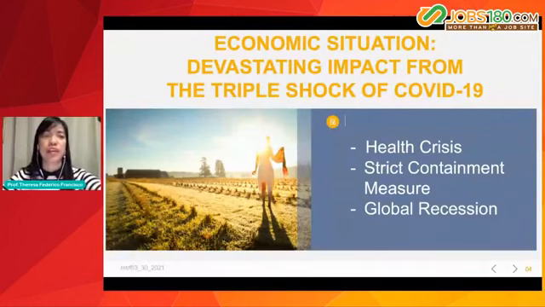Economic activities contracted sharply in the first three quarters of 2020 amid the demand and supply shocks brought by the pandemic. This is the first recession since 1991 and is driven by a sharp dive in domestic demand.